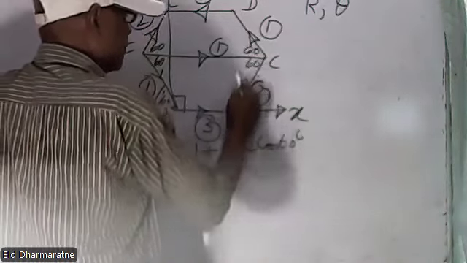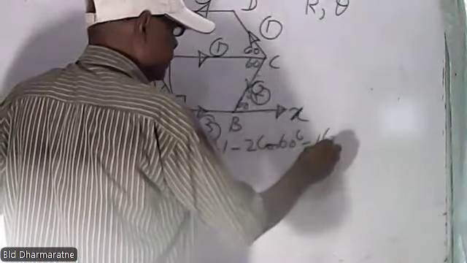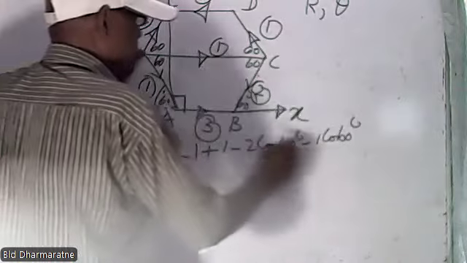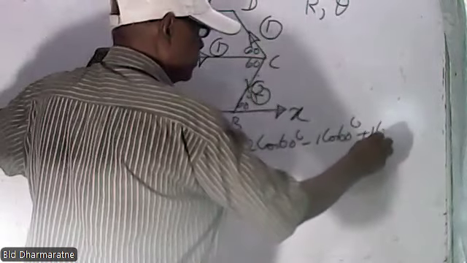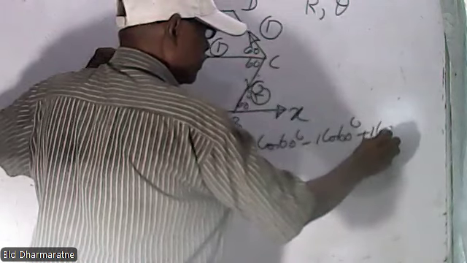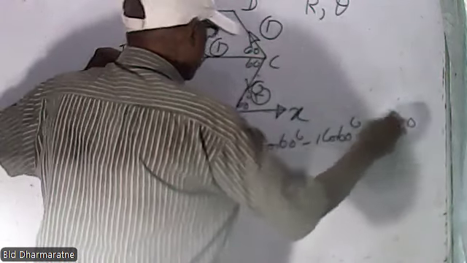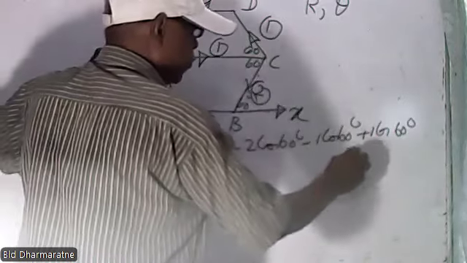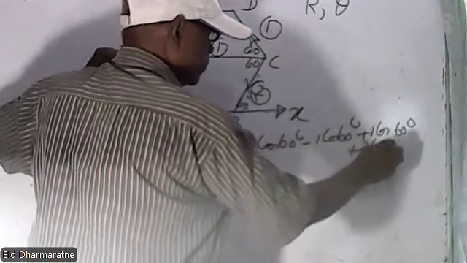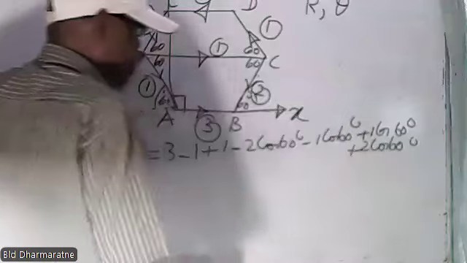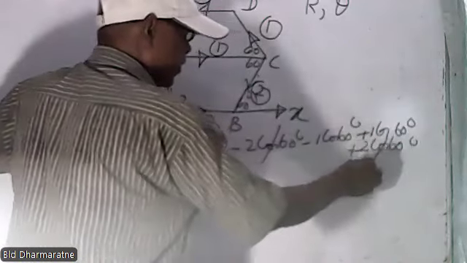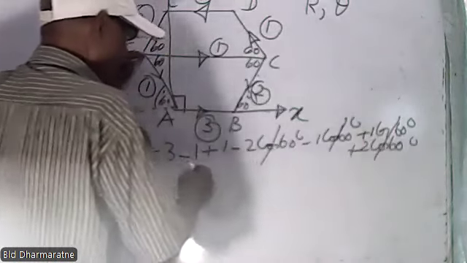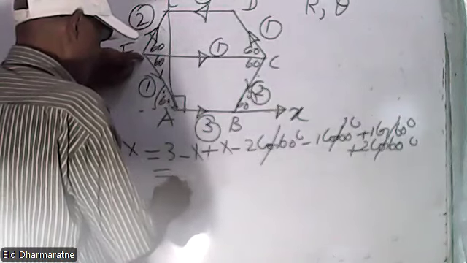This one is minus 1 cos 60. This one is plus 1 cos 60, and plus 1 cos 60. It will come again plus 2 cos 60. You notice that 2 cos 60 positive and negative cancel. 1 cos 60 and 1 cos 60 cancel. When they cancel, x equals 3.